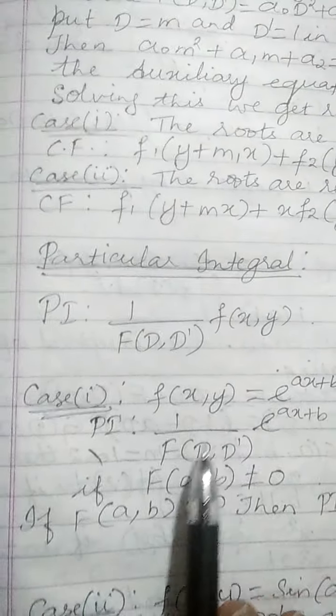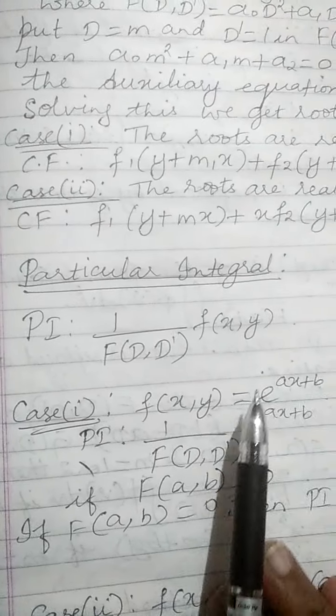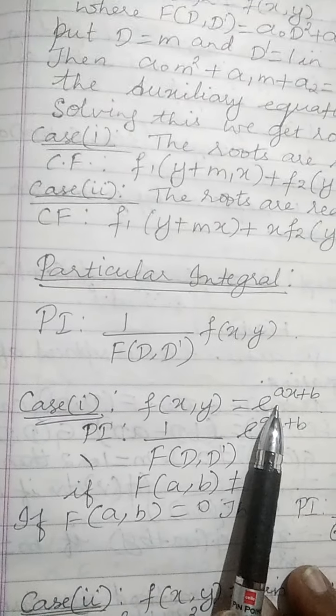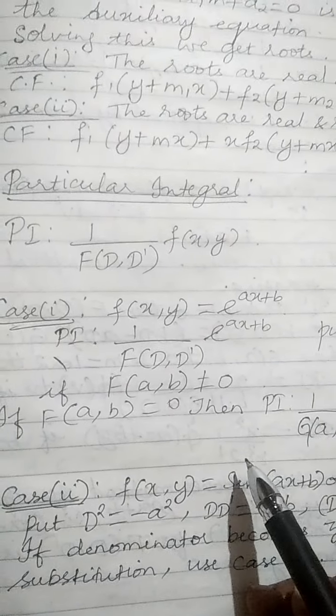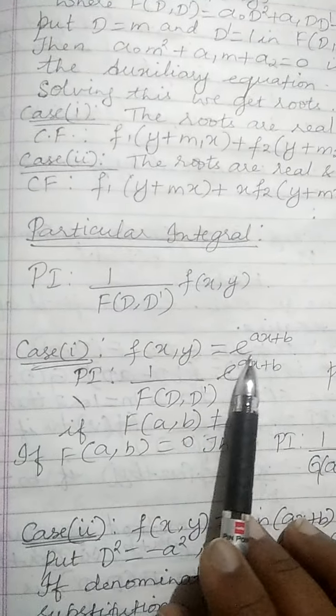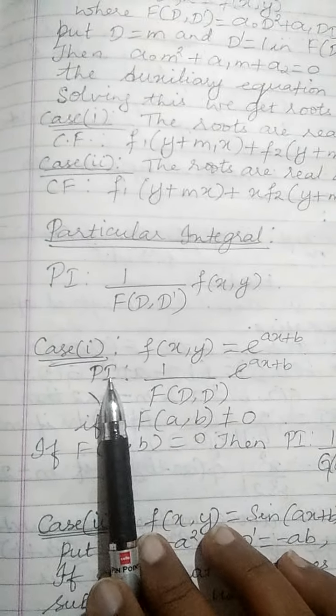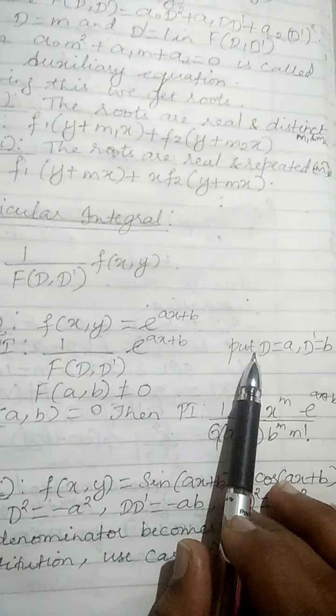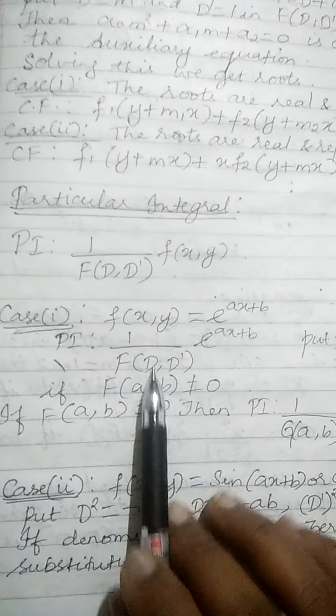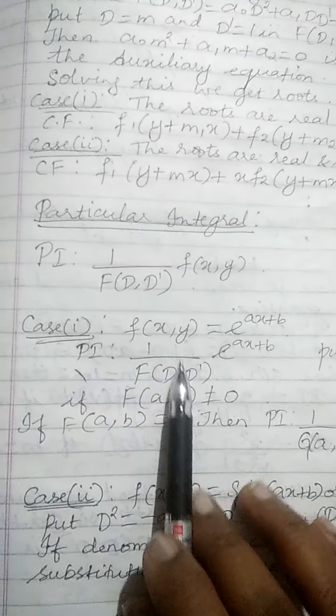Now to find the particular integral, we will be finding it for 4 cases. Firstly, exponential function, then trigonometric function, then polynomial, and finally a general function of x and y. Case 1, f(x,y) equal to e^(ax+by). Particular integral is 1/f(D,D') e^(ax+by). So put D equal to a and D' equal to b, and that will be the particular integral.